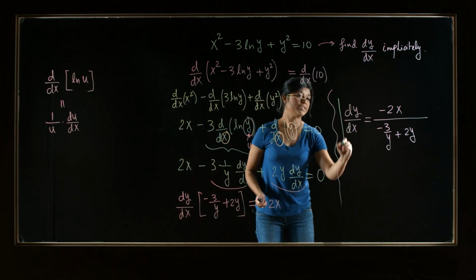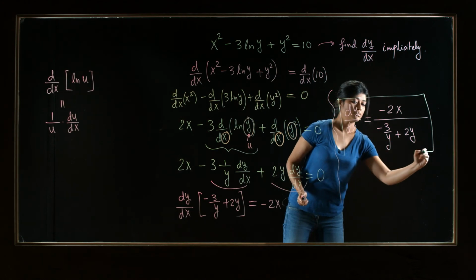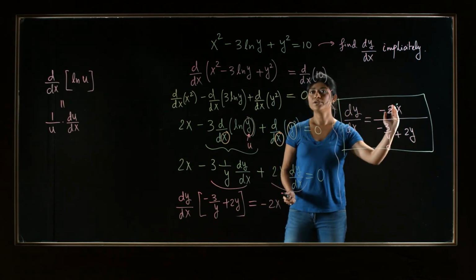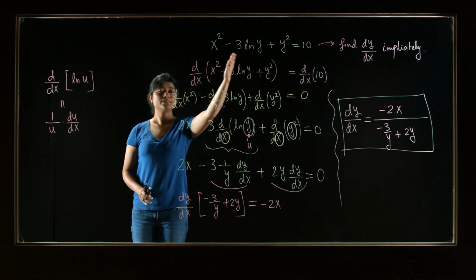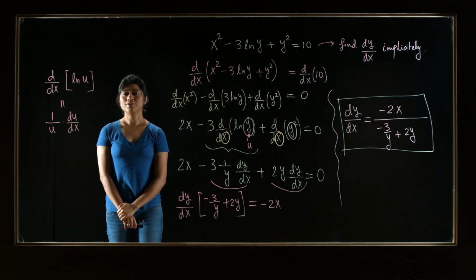And notice that we have an expression for dy dx in terms of x and y. And that is dy dx that we have evaluated implicitly from the given equation.